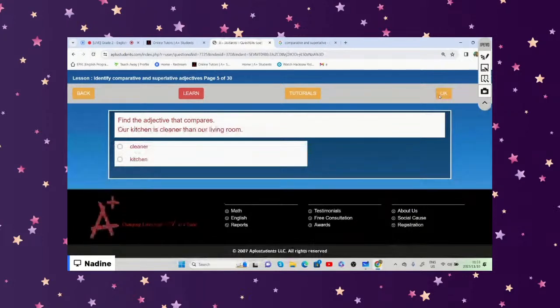Our kitchen is cleaner than our living room. Is it cleaner or is it kitchen? What is our adjective that compares?